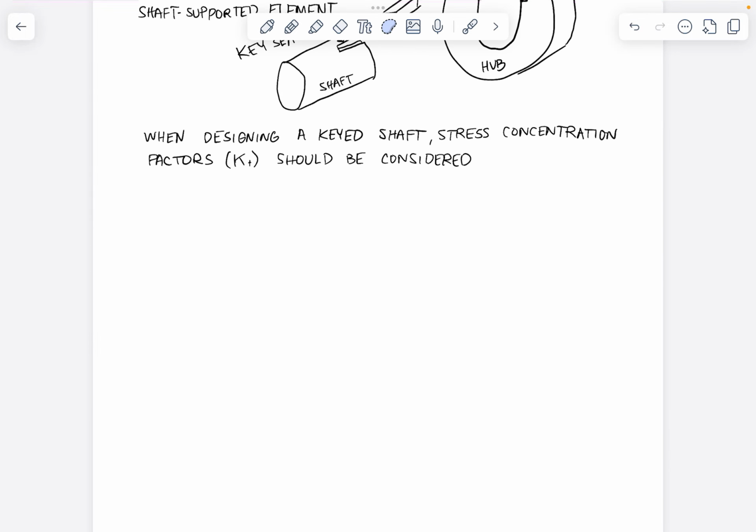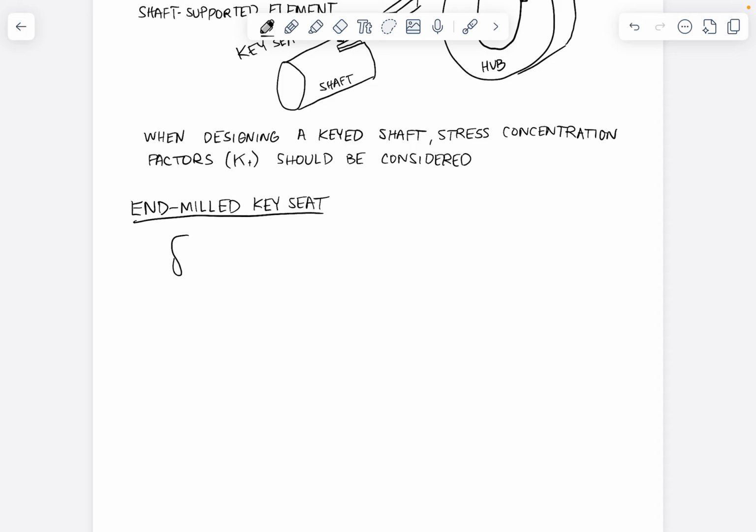Okay, so let's talk about a couple different types or shapes of key seats that have different stress concentration factors. So first, an end milled key seat. This is probably the easiest type to manufacture.